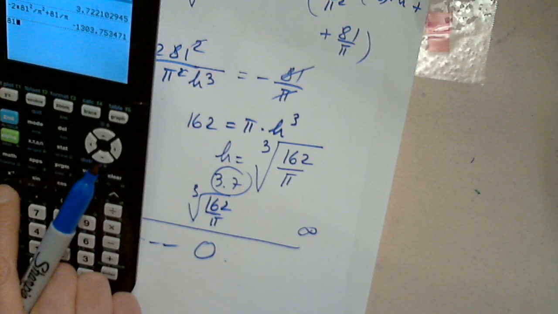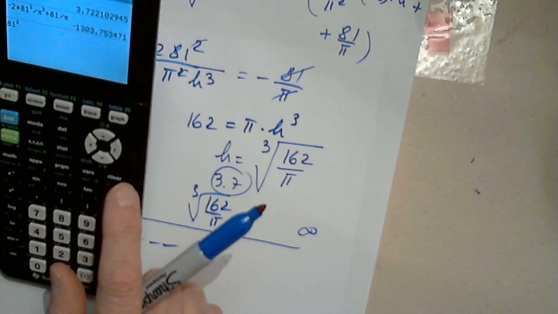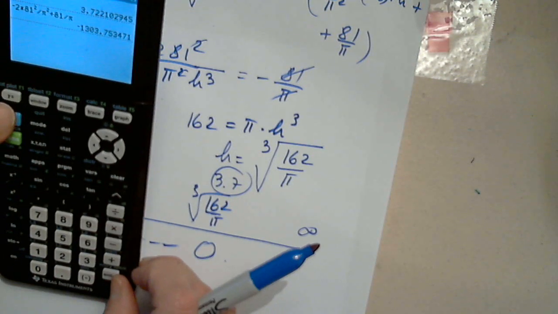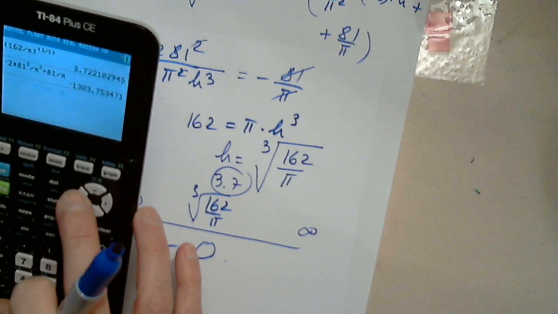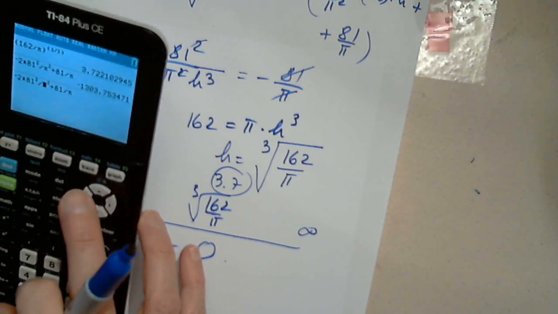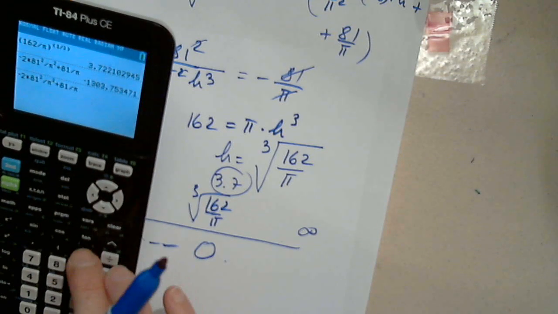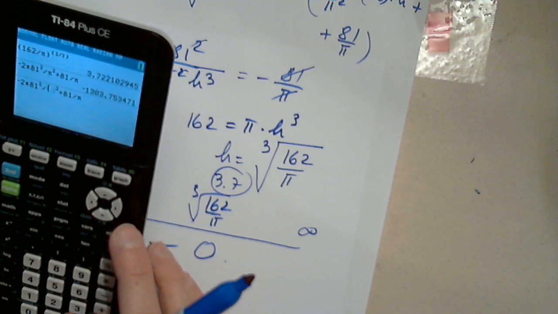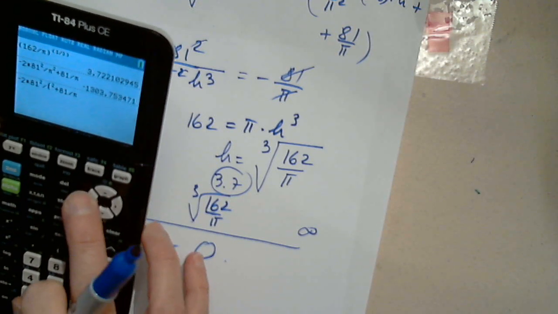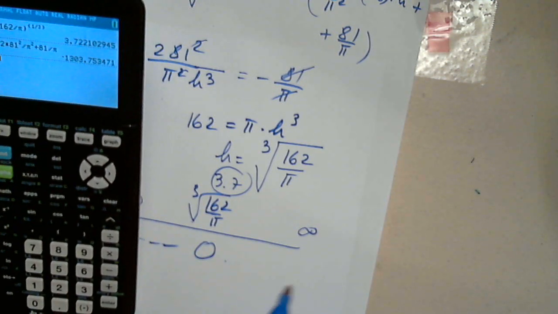So 81 squared. No, I want to copy what I have here. And put parentheses. Never mind.